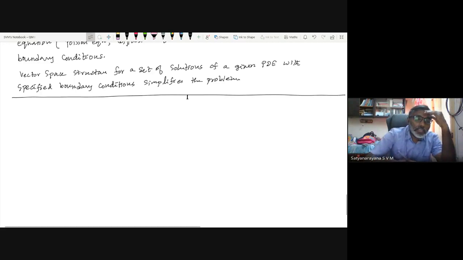So let us look at the most familiar vector space, which is three-dimensional Euclidean space, which we will call R3.